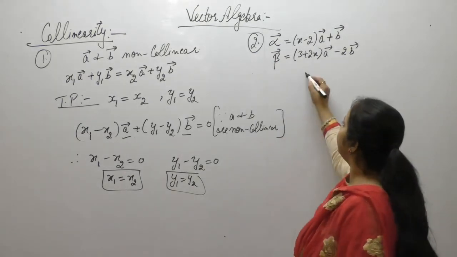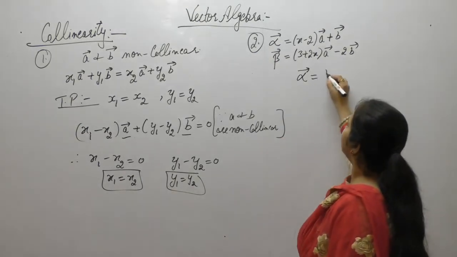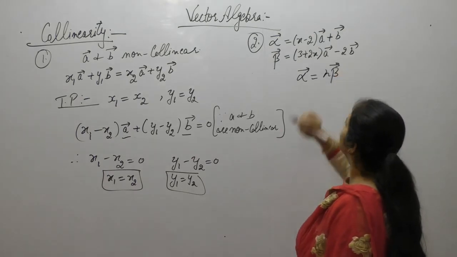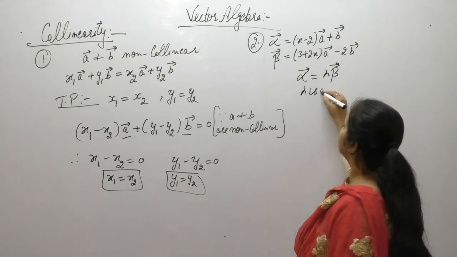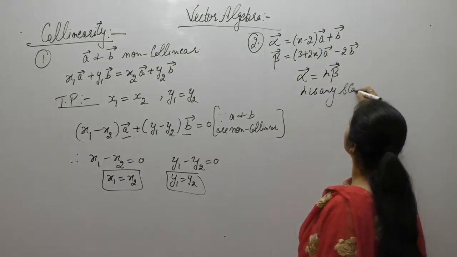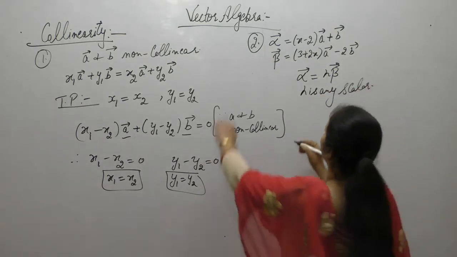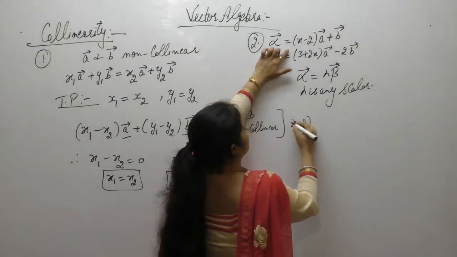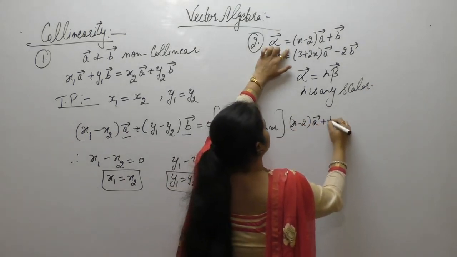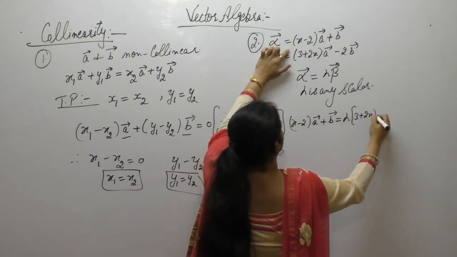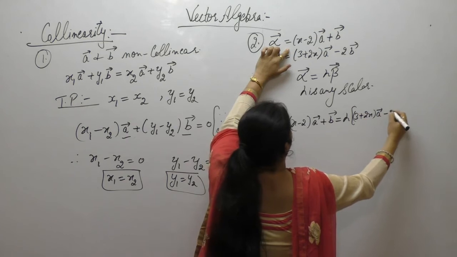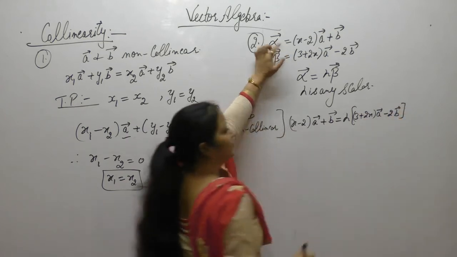If alpha and beta are collinear, then alpha vector is equal to lambda into beta vector, where lambda is any scalar. Put the value of alpha: (x minus 2) A vector plus B vector is equal to lambda into (3 plus 2x) A vector minus 2 B vector.